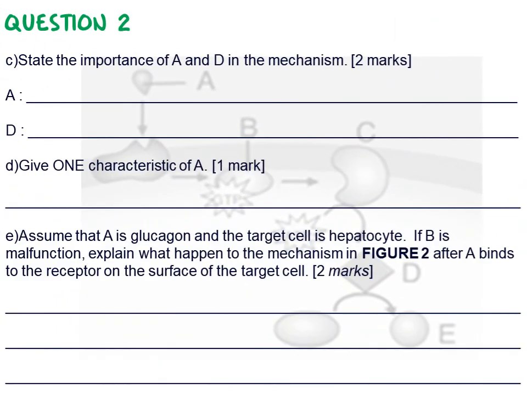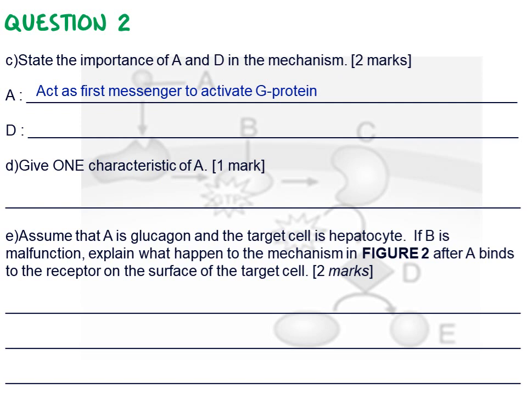State the importance of A and D in the mechanism. What is the importance of A in the mechanism? A just now is non-steroid hormone. So what is the importance of this hormone in the mechanism? It's important because it acts as first messenger.